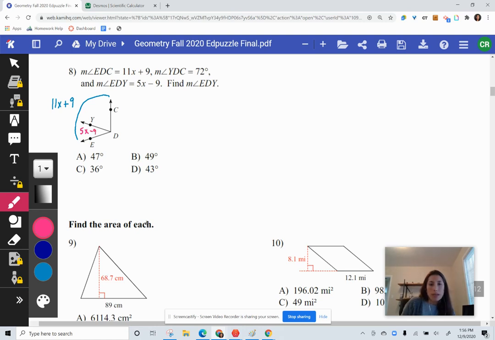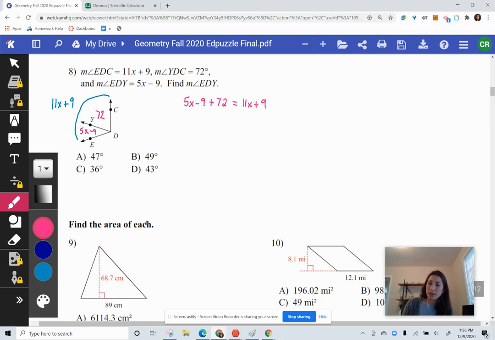And we've got YDC, that's this angle here, is 72. So we need to use angle addition to set up our equation. We can take 5x minus 9, add 72 to that, and equal it to 11x plus 9.